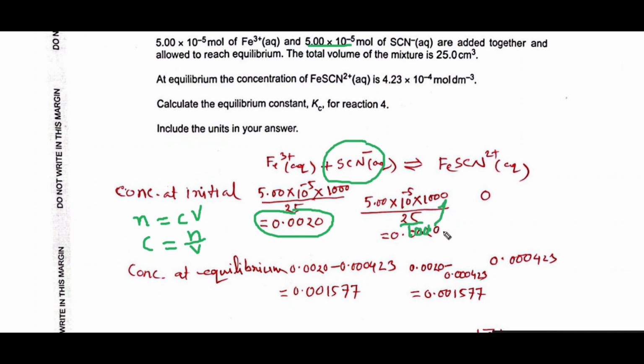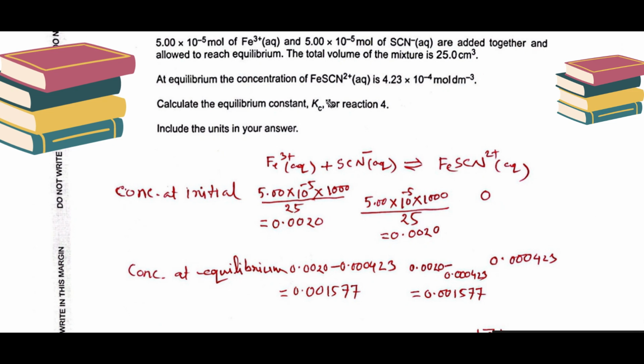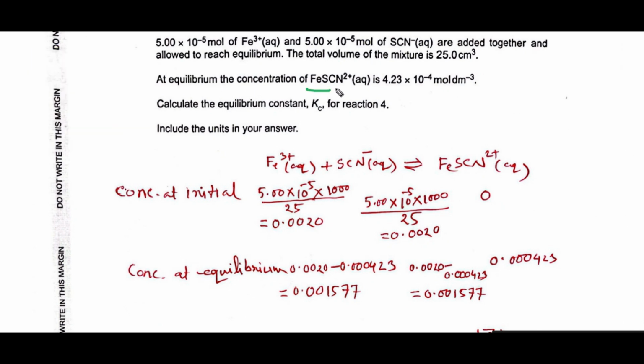You will get mole of thiocyanate ion 0.0020, and initially there is no product, so number of mole is 0. Now concentration at equilibrium will be, and you see the concentration of iron thiocyanate is given.